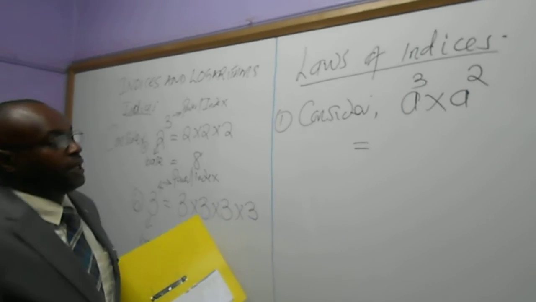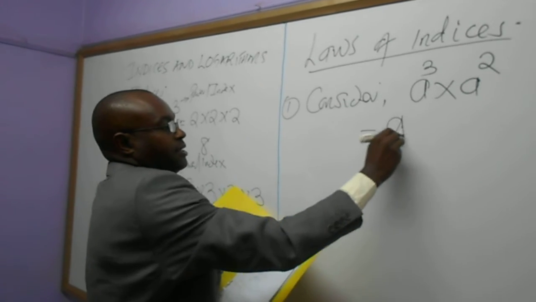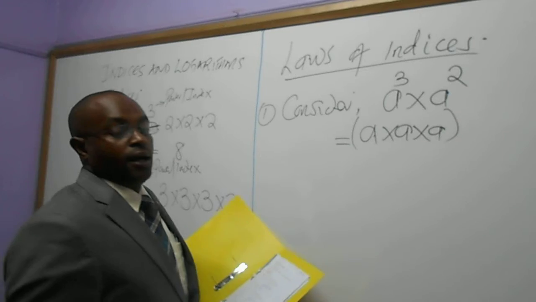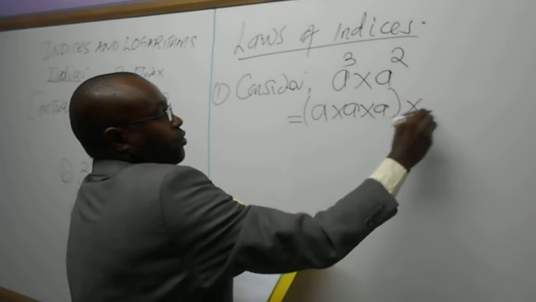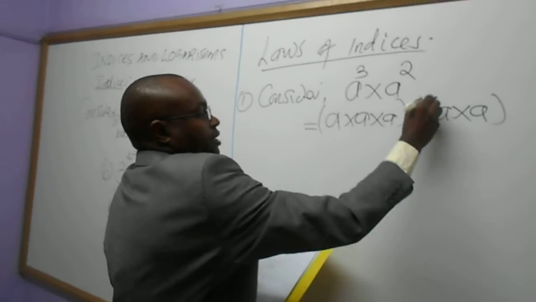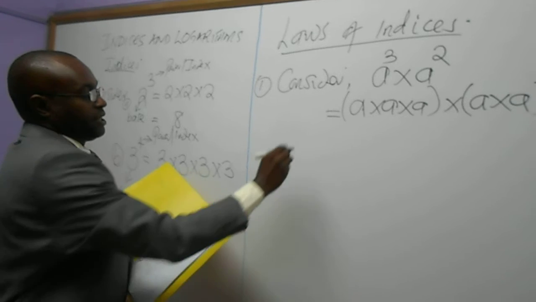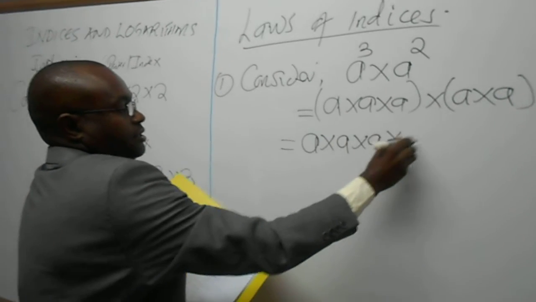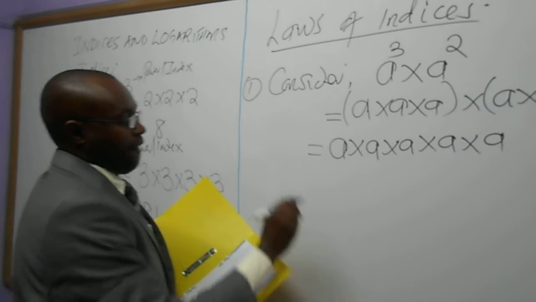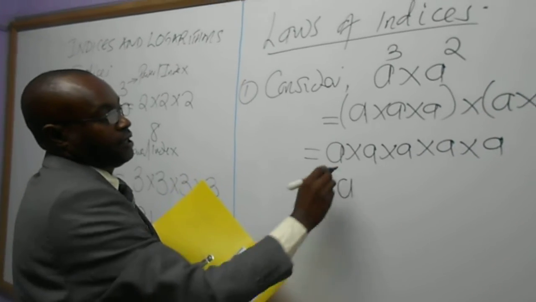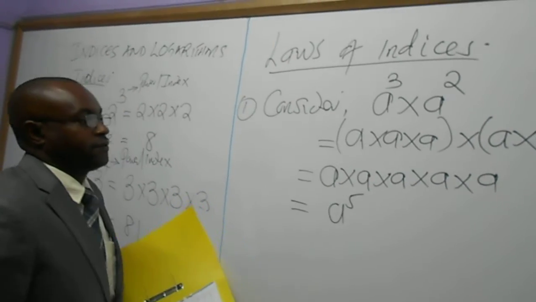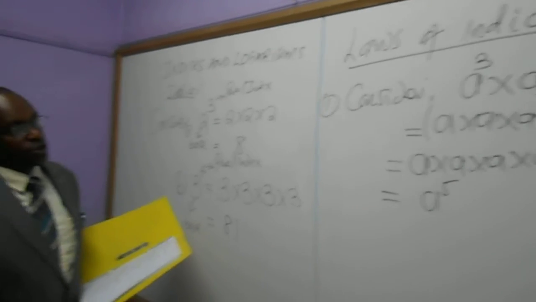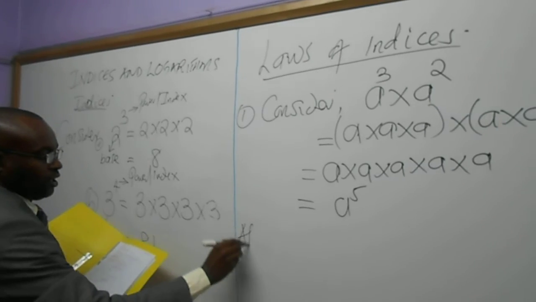So this will mean a to power 3 is the same as a times a times a, times a squared, which is a times a. Opening the brackets, you're going to have a times a times a times a times a, which will give us a to power 5. So meaning a to power 3 times a to power 2 is a to power 5.